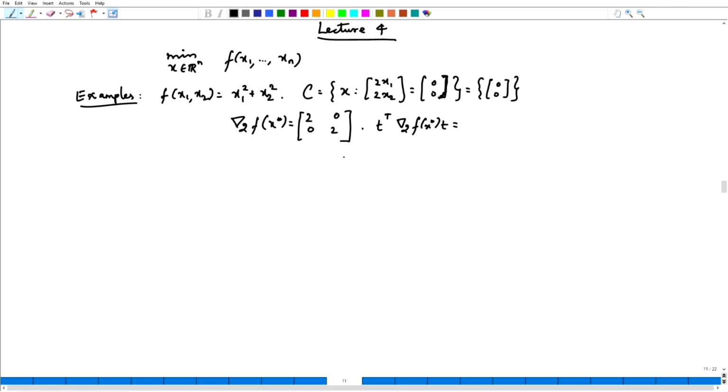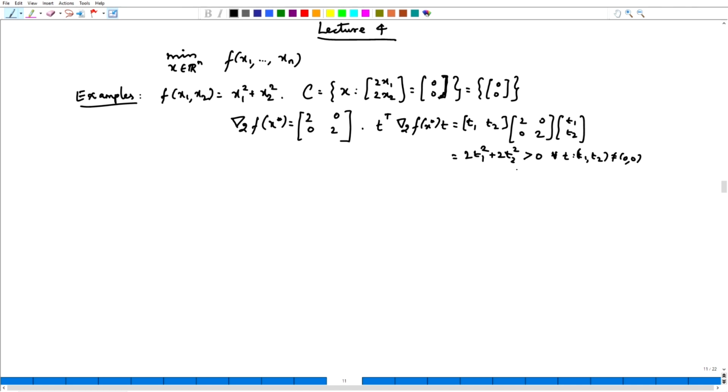So, if you consider T as a vector T1 and T2, you can see that T transpose del 2 f of x star T is [T1 T2] times [2 0; 0 2] times [T1 T2], which is 2 T1 squared plus 2 T2 squared, right, and this is greater than 0 for all T such that T1, T2 is not 0, 0.